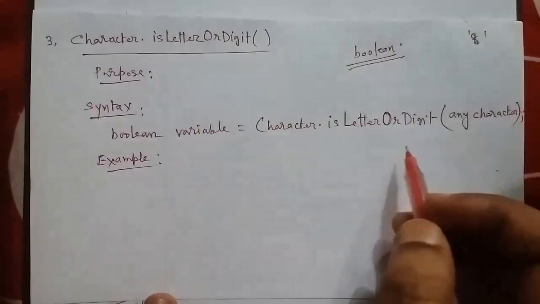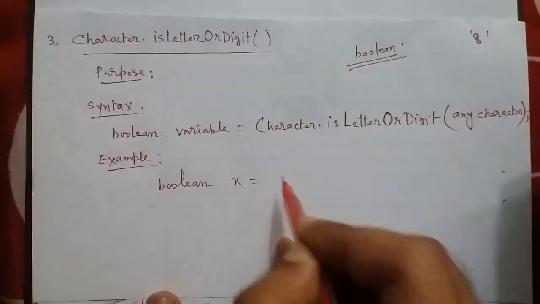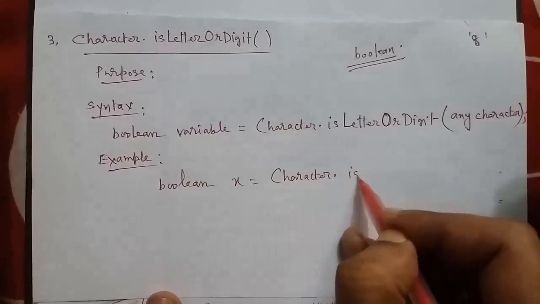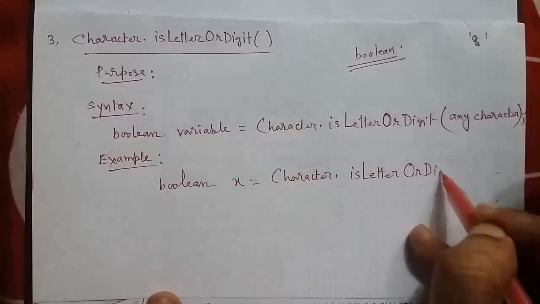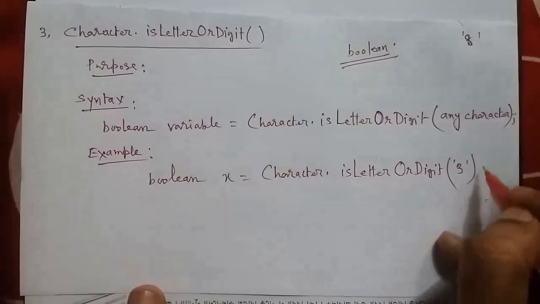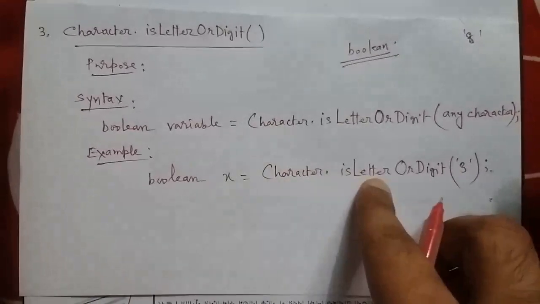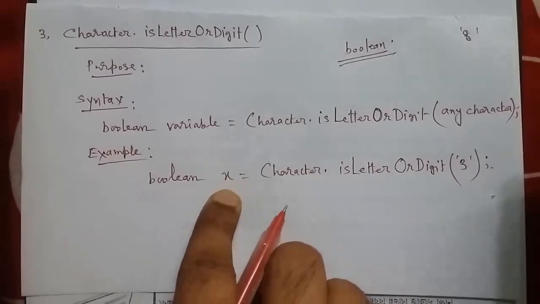Okay. So for an example, suppose Boolean x equals to Character.isLetterOrDigit. If I write here 3, then 3 is a digit, that's why Character.isLetterOrDigit will return true, and it will be stored in variable x.